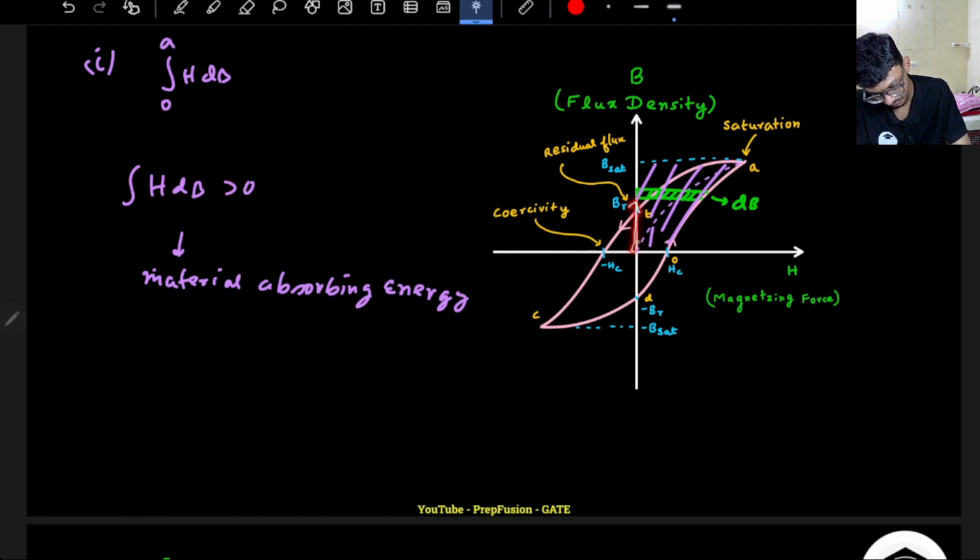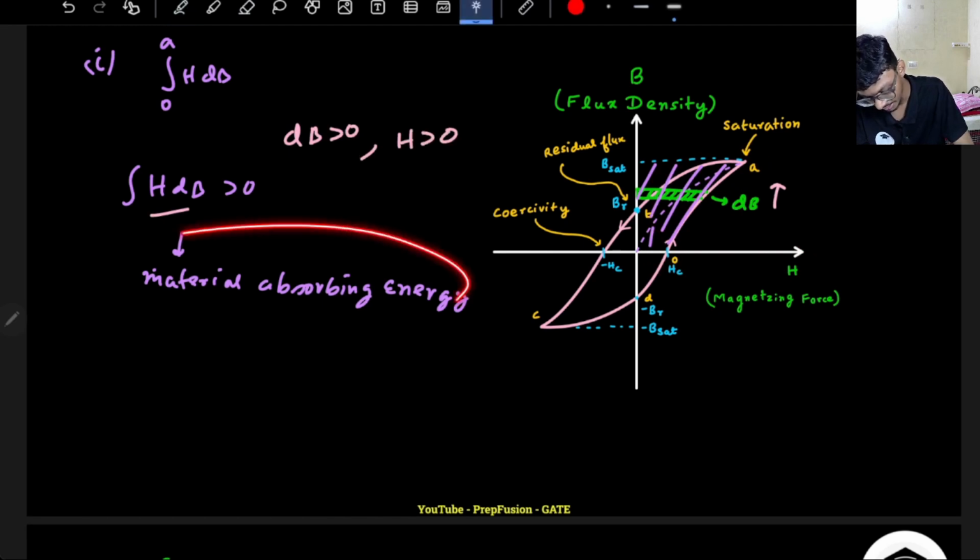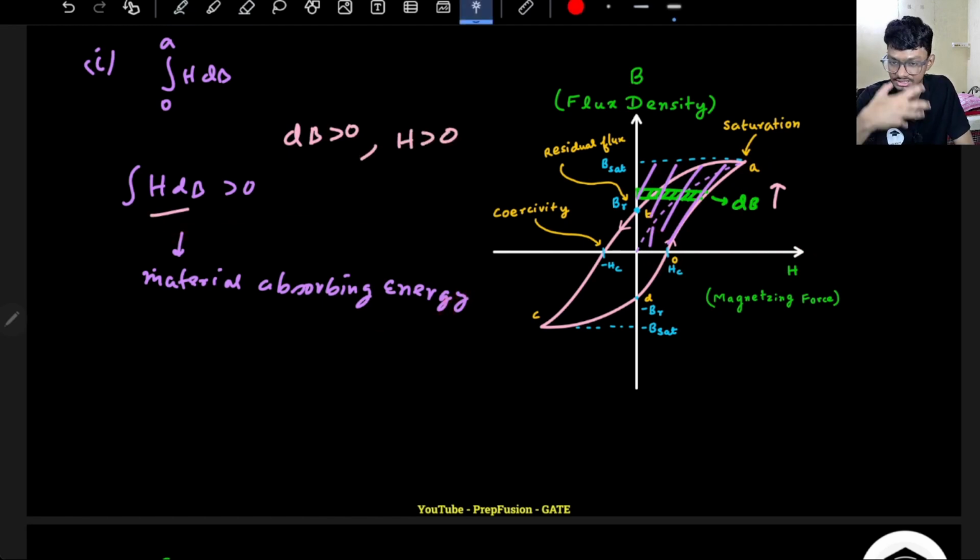Because I'm moving in this direction. So dB, the change in flux density, is positive because my flux density is increasing, and my magnetizing force is already positive. So dB is positive and H is positive. So that's why the overall energy is positive. That means the material is absorbing the power.